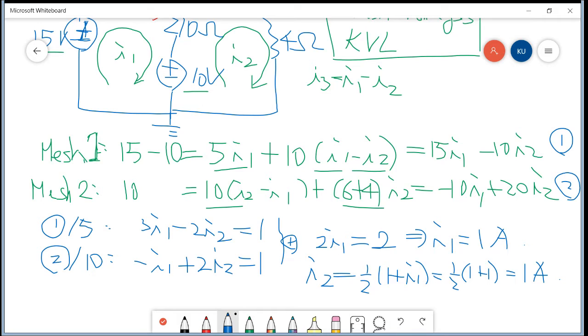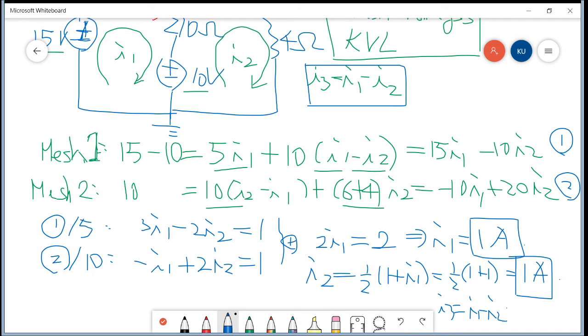Yeah, so actually we have I1 equals 1A, I2 equals 1A, and for I3 we know that I3 is I1 minus I2, which is 1 minus 1, which is 0A. Okay.